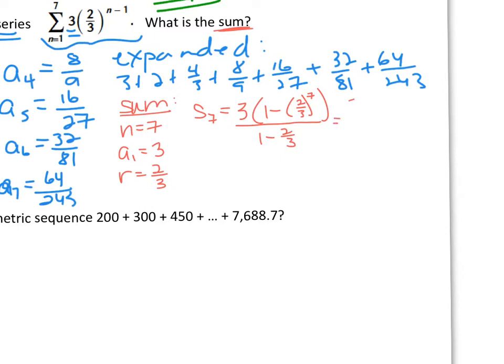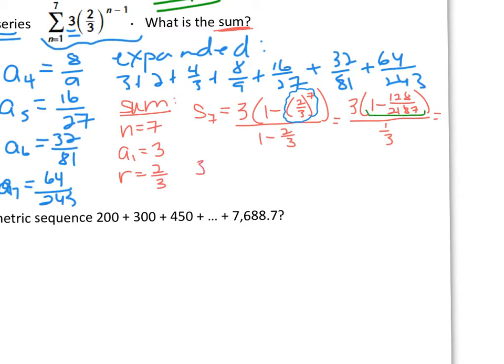On the inside of the parentheses, if we raise 2/3 to the 7th power, that's just 2 to the 7th power over 3 to the 7th power. And that would give us 128 over 2,187. And the denominator, 1 minus 2/3, is 1/3. Now let's get a common denominator in the parentheses.